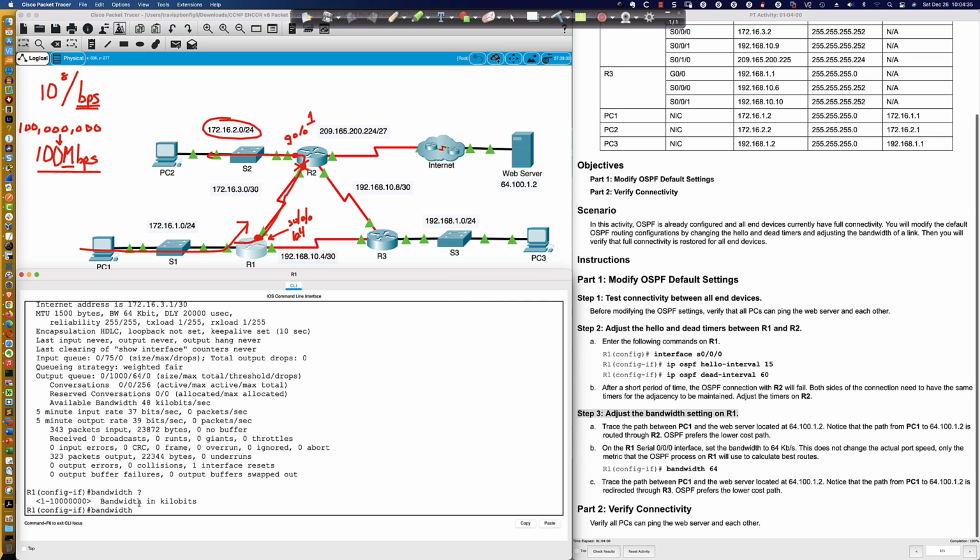In another way to say that, I'm probably going to be limiting a serial interface, because it's fractional, to kilobits per second, to 64, to 128, to 512, to 768. It's going to be some fractional form in kilobits for a serial interface.